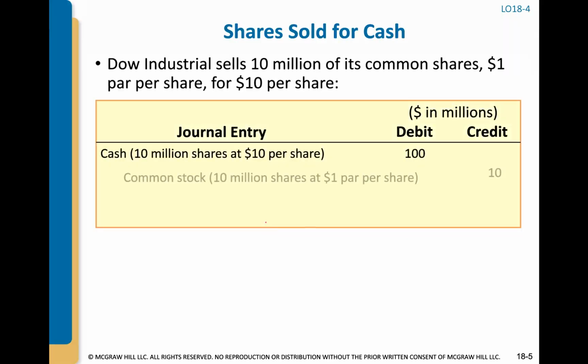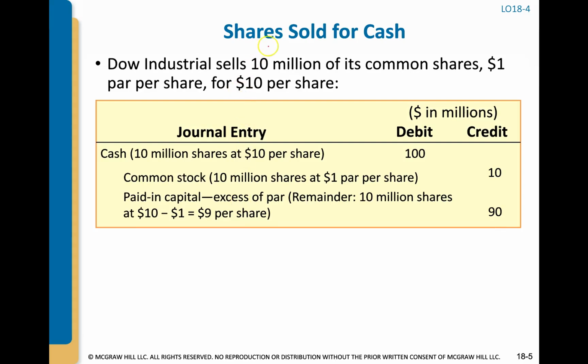So let's take an example of when we just sell shares of stock for cash. Dow Industrial sells 10 million of its common shares, $1 par per share, for $10 per share. So we debit cash for the full amount. We got 10 million shares and sold them for $10, so that's $100 million.